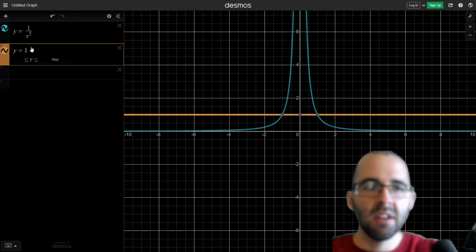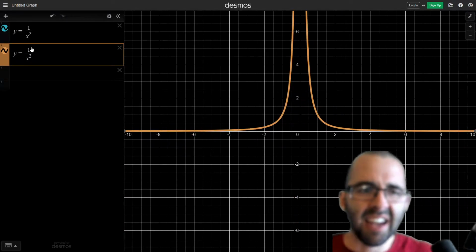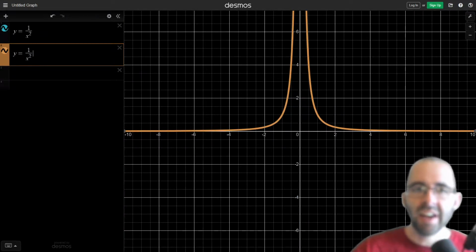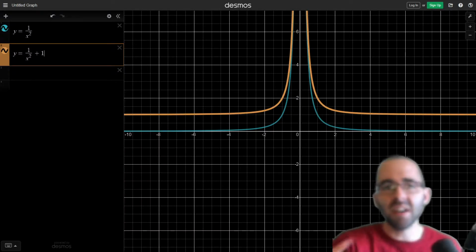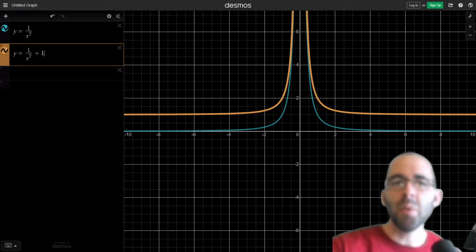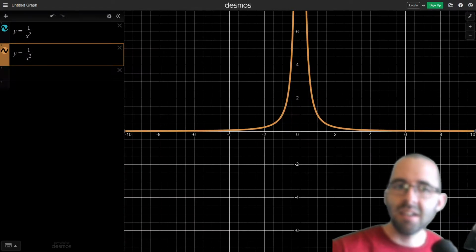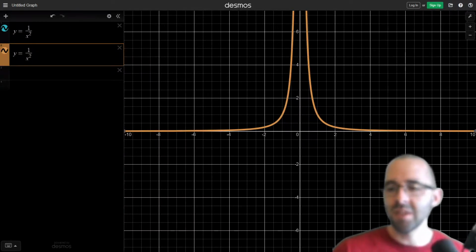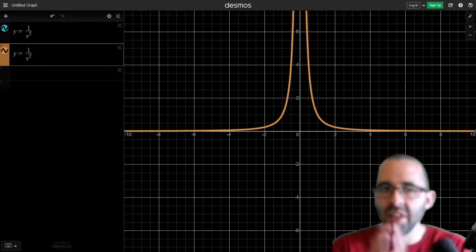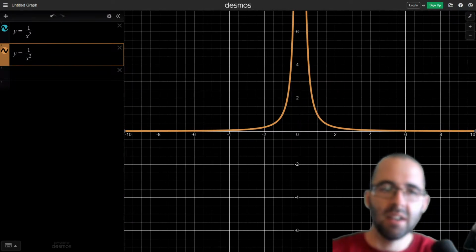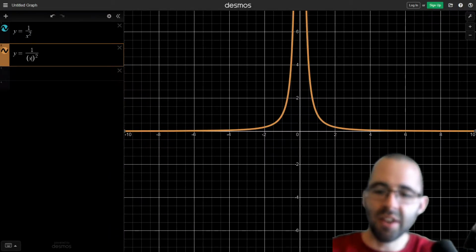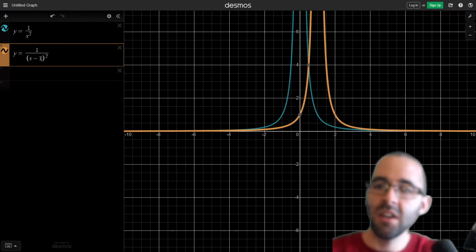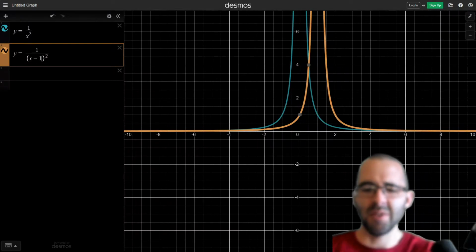What does the inside mean here, right? Outside, sure. Add 1, move it up 1. That makes sense. Outside of the function makes sense here. But what does inside mean? Inside of the function just means wherever the x is, that's where you're subtracting the 1. So we're going to need to put parentheses down here and then subtract the 1 right inside. And that should move it to the right 1 unit. All right, let's move it more than that.